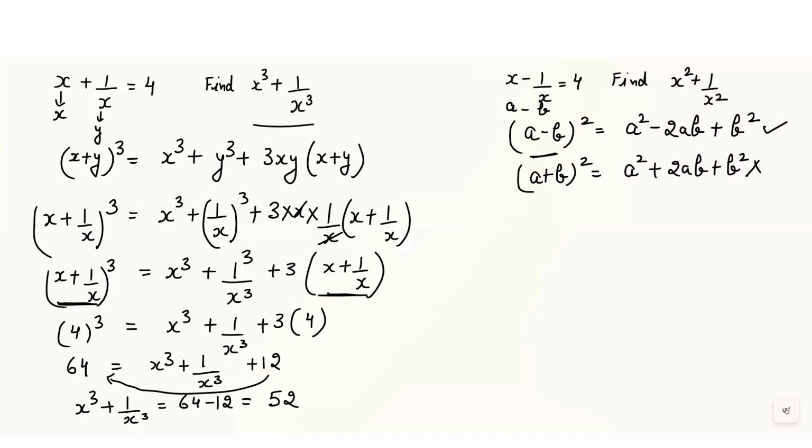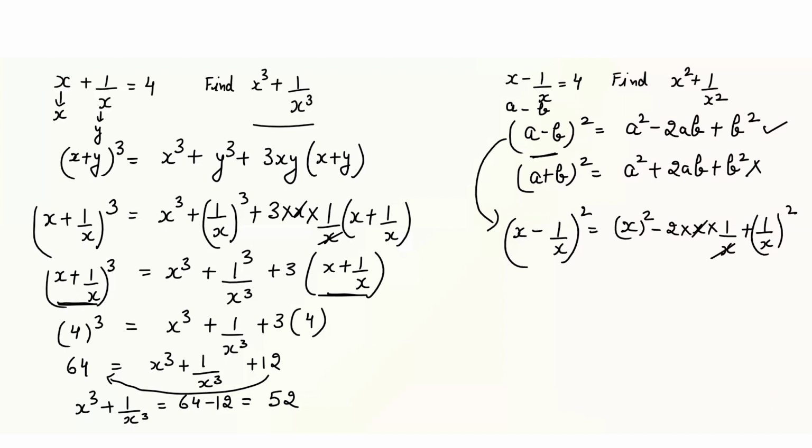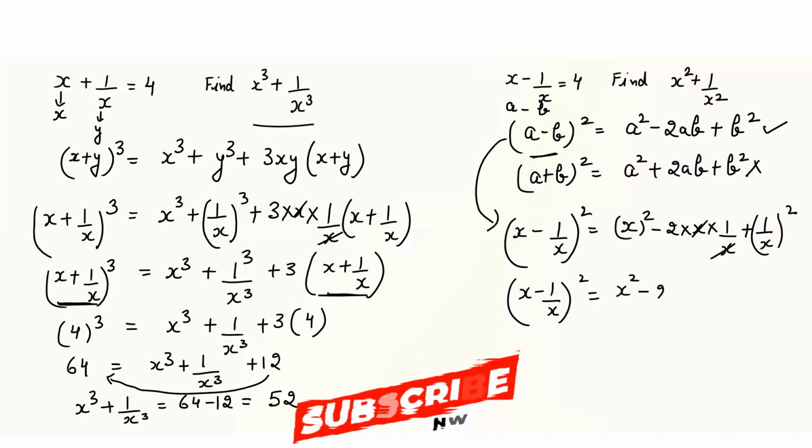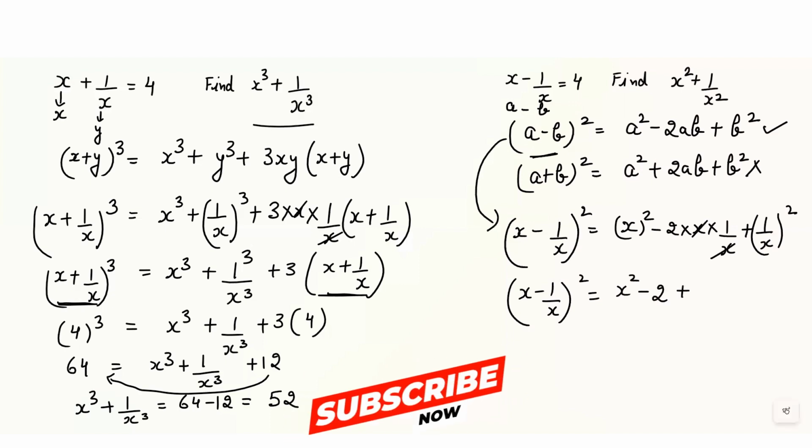In place of a we write x, so x minus 1 over x whole square equals x square minus 2 into x into 1 over x plus 1 over x whole square. Now this x and x will cancel, and we get x minus 1 over x whole square equals x square minus 2 plus 1 square over x square.